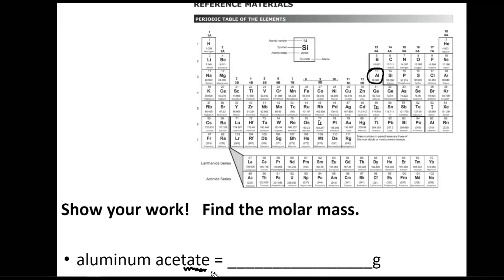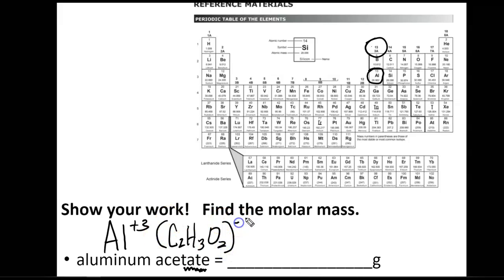And so I know to look it up on the polyatomic list because it has the ATE on it. And so I know that when I look up aluminum, I can see that aluminum has a +3 charge because of that 3 over the top of it. And when I go look at my polyatomic chart, I find out that acetate is C2H3O2. And I'm going to go ahead and put it inside parentheses, and it has a 1- charge. So what I'm really going to be calculating is Al(C2H3O2) with a 3 on the outside.